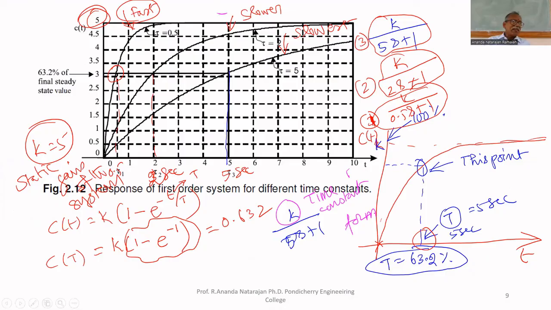Suppose instead of 5, here I'm having 10, here 3, and here 5, then the first response will settle at 10, the second response at 3, and the third response at 5. Here all k values are equal, that's why all settled at 5. I think now you understand the difference between static gain and time constant.